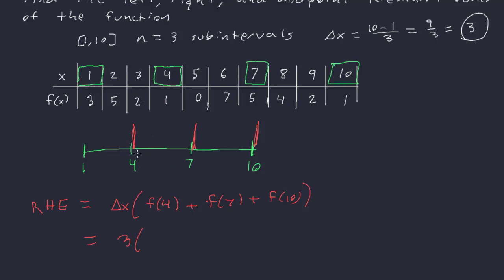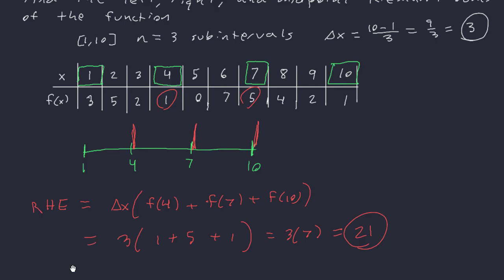So f of 4 is 1, f of 7 is 5, and f of 10 is also 1. So we get 3 times 7, which is 21. So there's our right-handed estimate.